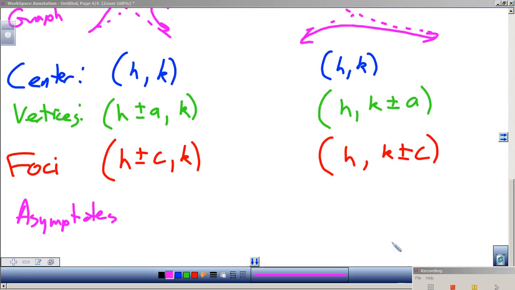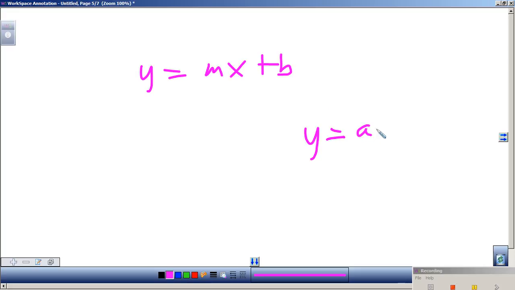Now, how do we move a line around? So let's say we have y equals mx plus b. How would we move it to the right? In general, how do we move things to the right? Okay, we're using h. What could we do with h to move this to the right? So let's consider this. y equals a x squared.